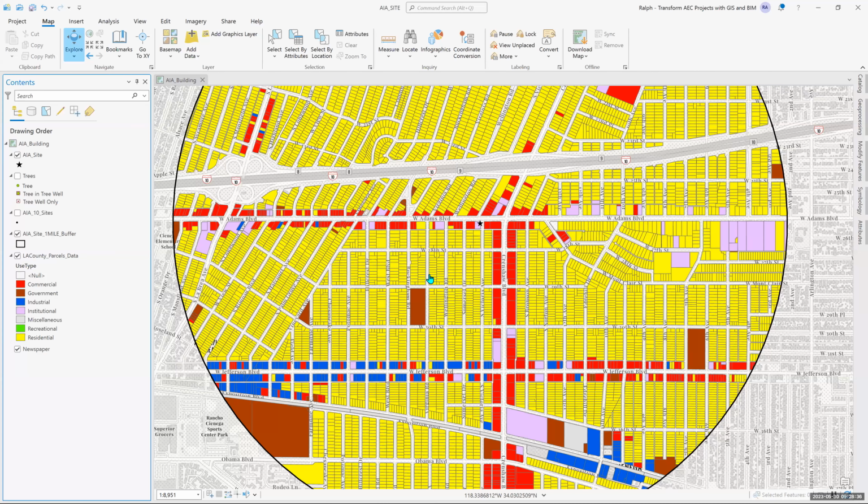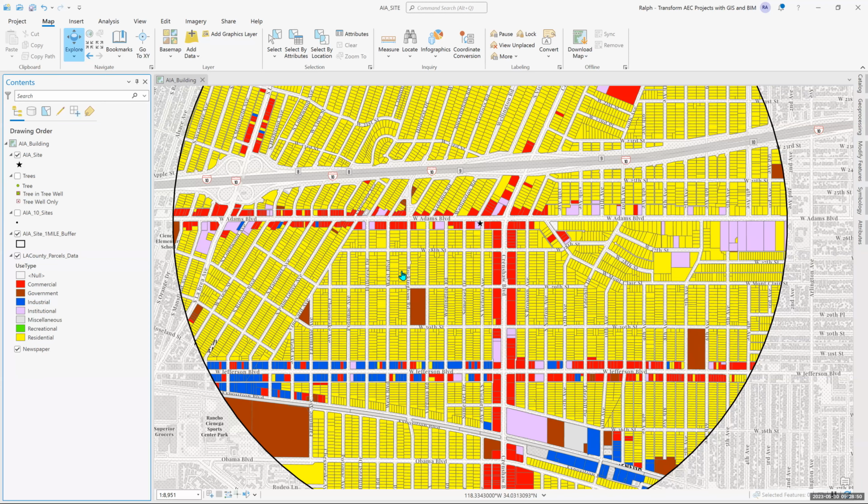For the parcels, yellow would mean residential and commercial, red government, brown industrial, blue institutional, purple miscellaneous, brown recreational, green, and so on.